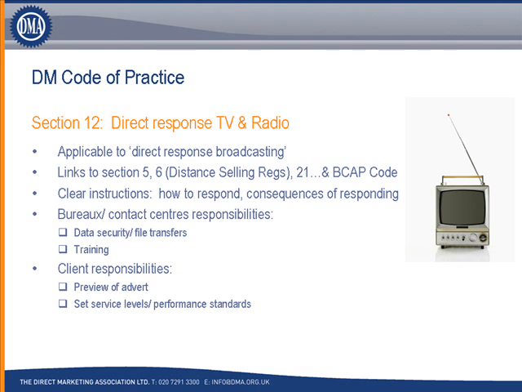This section has links to various other parts of the code. Section 5 on data, Section 6 on the content of the commercial communications, in particular the distance selling regulations that was covered in the earlier part of the talk. Section 21, which is on telemarketing, obviously, as this is initiating inbound calls to contact centres, and the BCAP code.